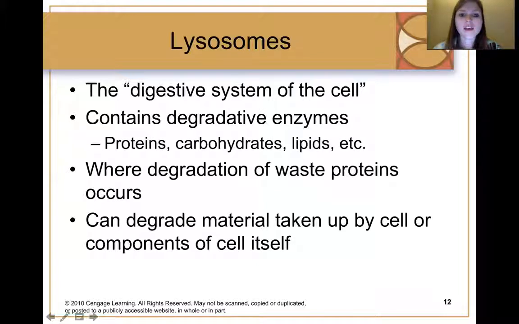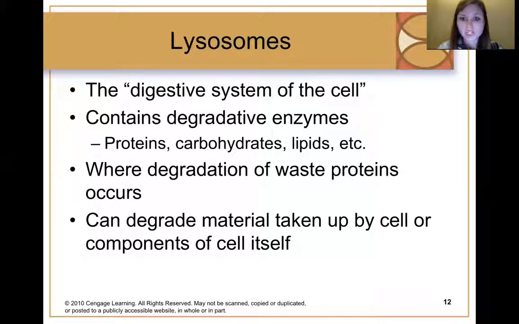So lysosomes are the little pink circles that we saw on that picture. And so those are known as the digestive system of the cell. So basically, lysosomes contain enzymes that will degrade proteins, carbohydrates, lipids, pretty much anything that needs to be degraded in the cell.